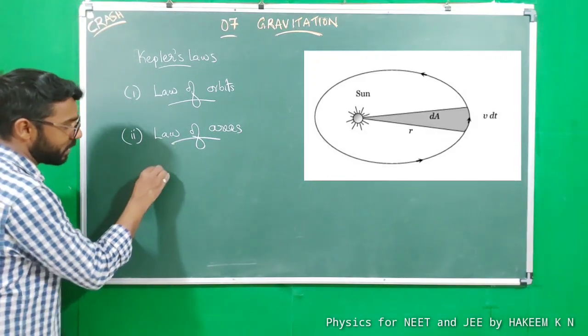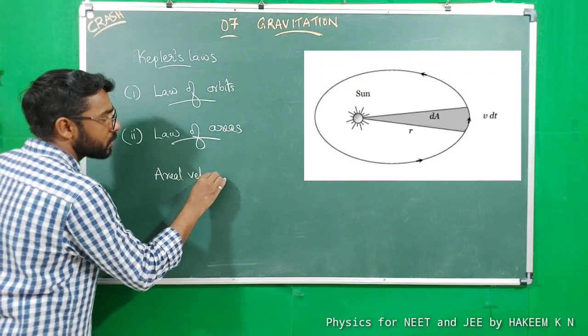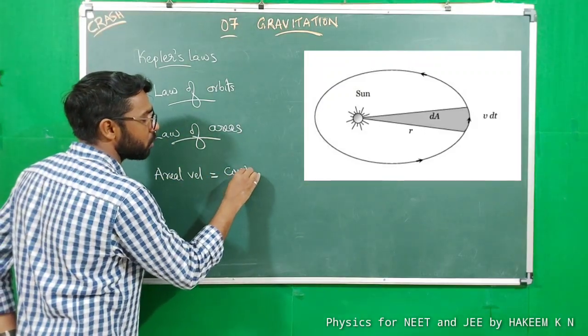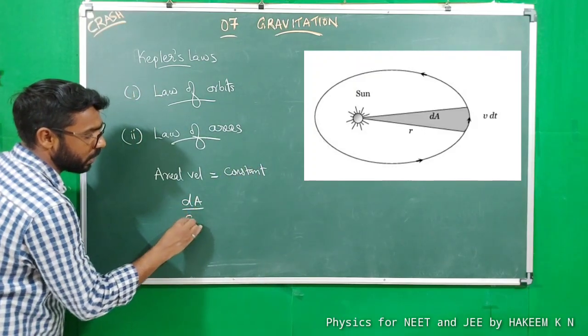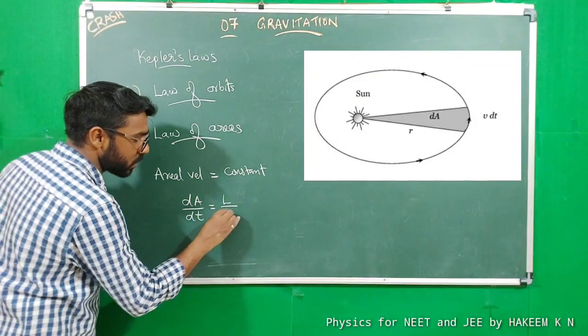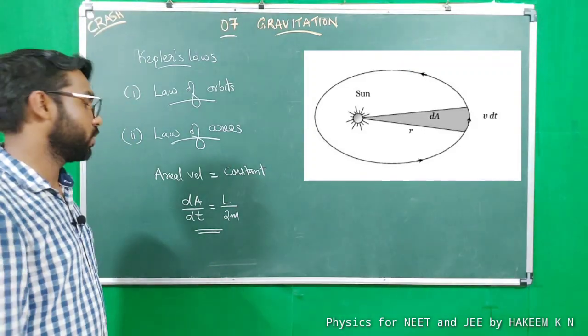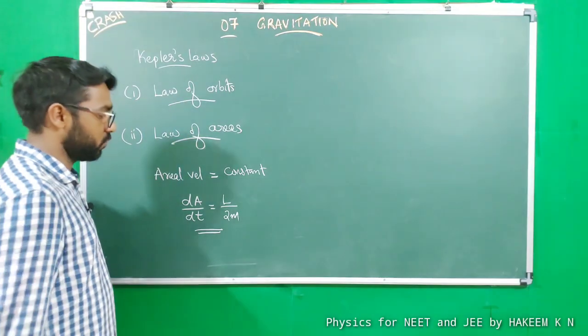Area by time is actually areal velocity. So law of areas says areal velocity equal to constant, that is dA by dt. It is found using the equation L by 2m, where L is the angular momentum of the planet.